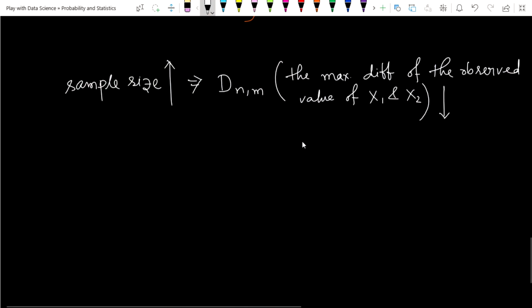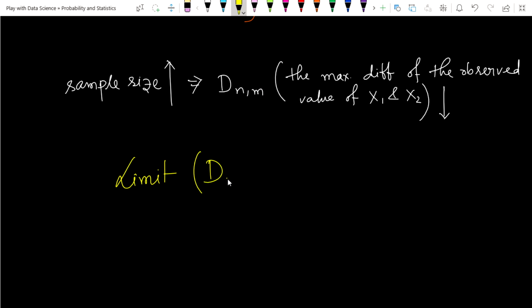If we write this in limiting form, the limit of Dnm as the sample size tends to infinity is 0.